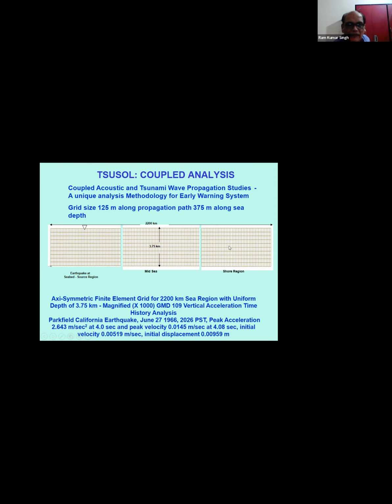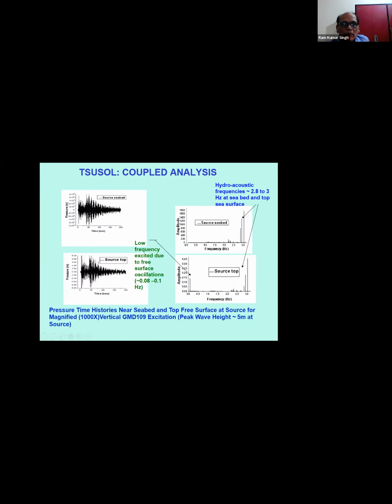And this exercise was basically done to understand the nature of the waves that propagate at the sea bottom, because many sensors, bottom pressure recorders, have been put around the Indian Ocean. So we should understand its characteristics. So this example shows the tsunami wave propagation at the free surface as well as the acoustic wave propagation or T-phase wave propagation.